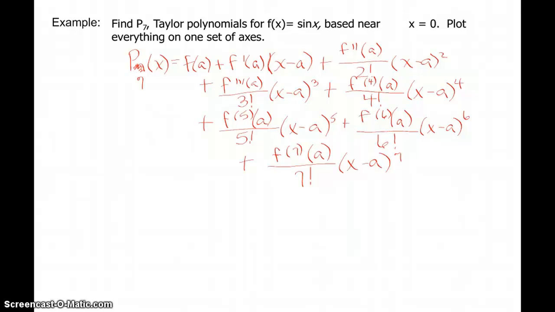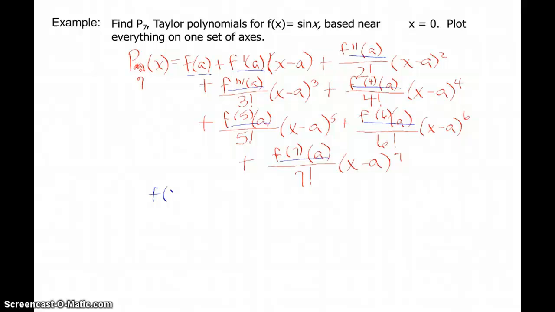So that's what we're after. So the first thing that we're going to do is find the output of the function and all of our derivatives. Then we're going to evaluate all of our derivatives at our point of tangency. So then it's just a matter of plugging in all those values.